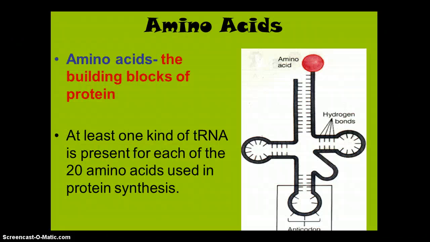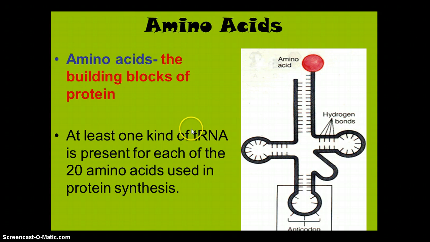Amino acids are the building blocks of proteins again, and there's at least one kind of tRNA present for each of the 20 amino acids used in protein synthesis. So we'll have at least one type of tRNA that has that anticodon down at the bottom, bringing with it an amino acid. And two ways you can remember tRNA: tRNA transfers amino acids.